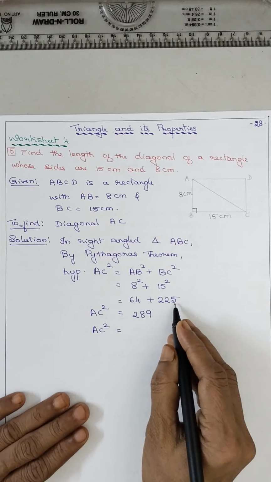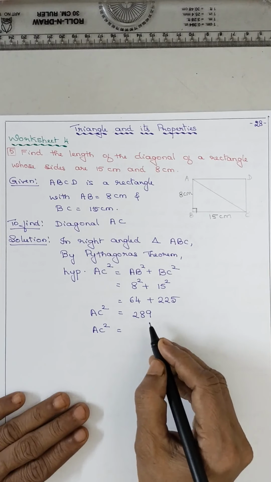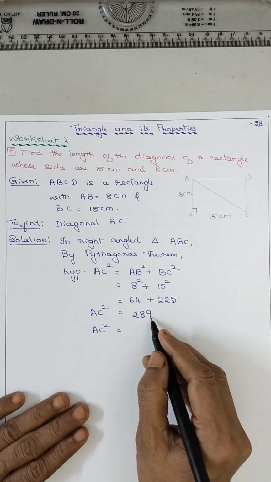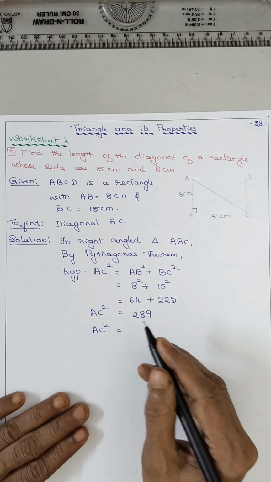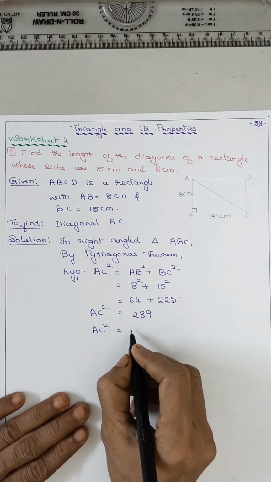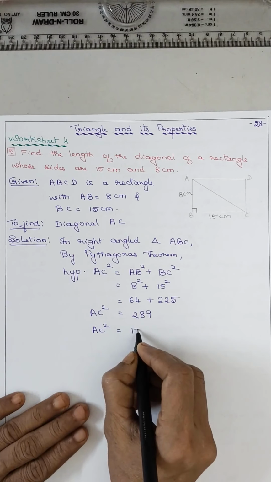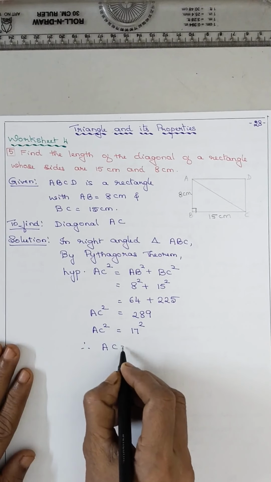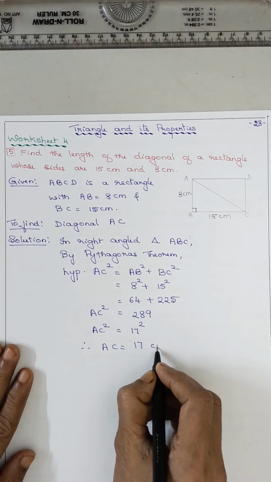So 225 is 15 squared, so it could be 17, because 7 squared ends with 9. So try with 17 and check, you will get 289. So it becomes 17 square. So therefore AC is equal to 17 centimeter.